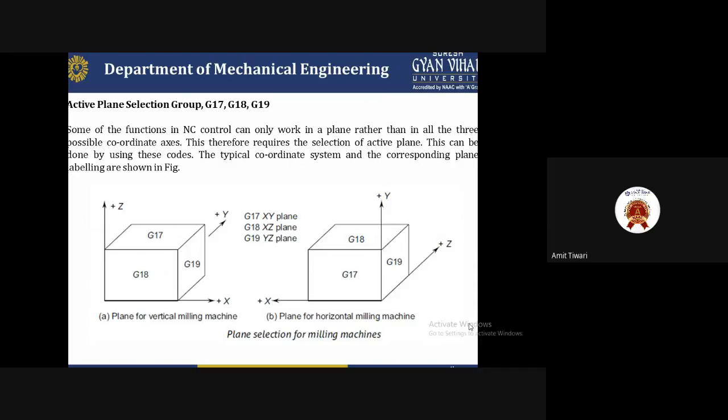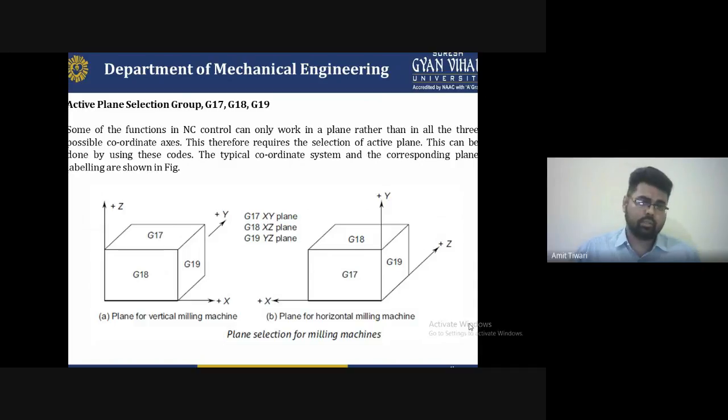So this system will help us, and the required selection of the active plane can be done by using this code system and coordinate planes, for the X direction, Y direction, and Z direction. It is very simple to understand.